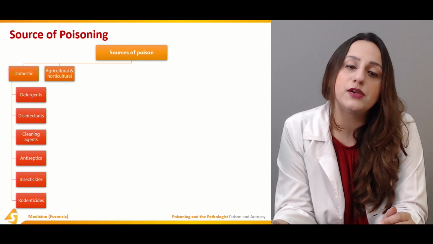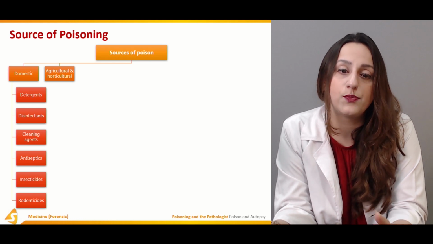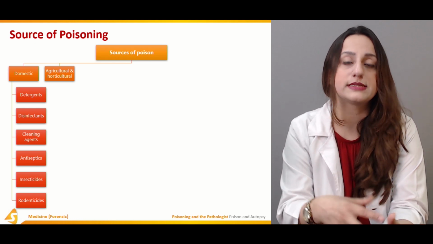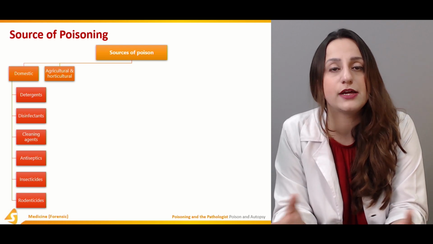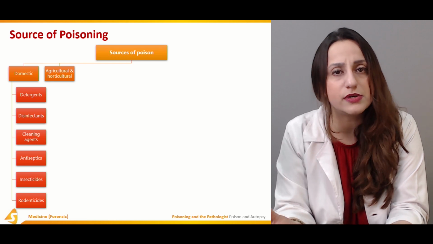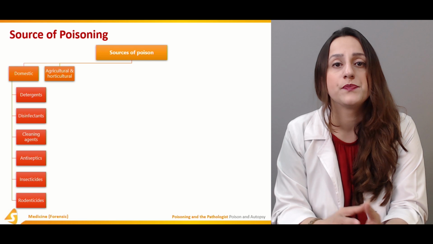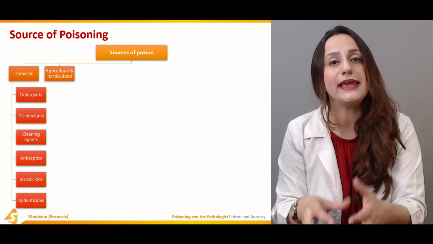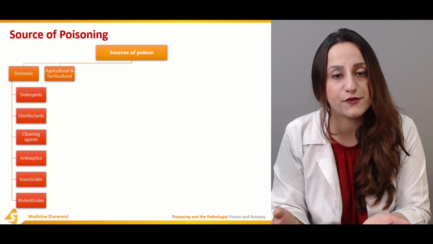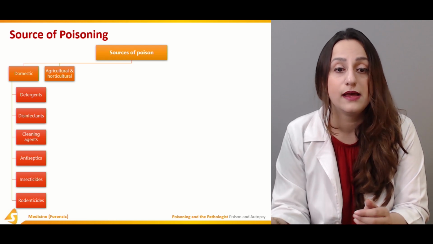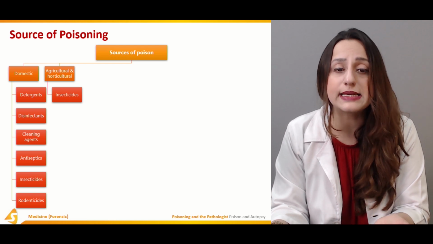On the other hand, we have the agricultural and horticultural poisons. Agricultural poisons are used and readily available in the fields. Farmers, or whoever is handling or administering these poisons in the fields, are at risk from these sources.